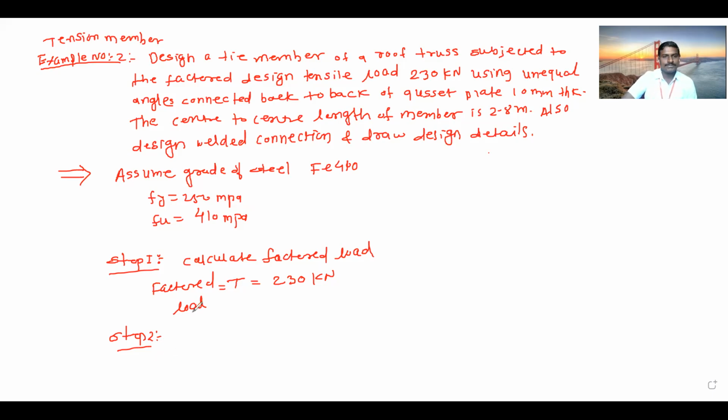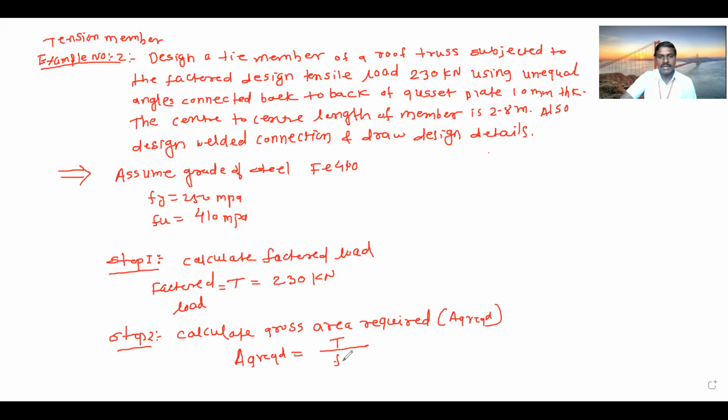So what is step 3? Calculate gross area required, so AG required. How to calculate AG required? There is a formula: T divided by Fy divided by gamma m naught. T is 230 kilonewton, so 230 into 10 raised to 3 Newton, Fy is 250. Why do we convert into Newton?